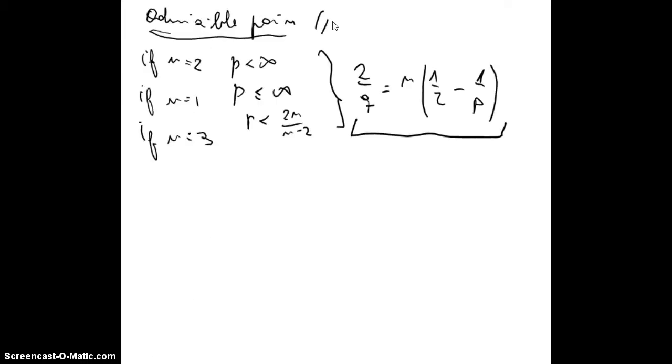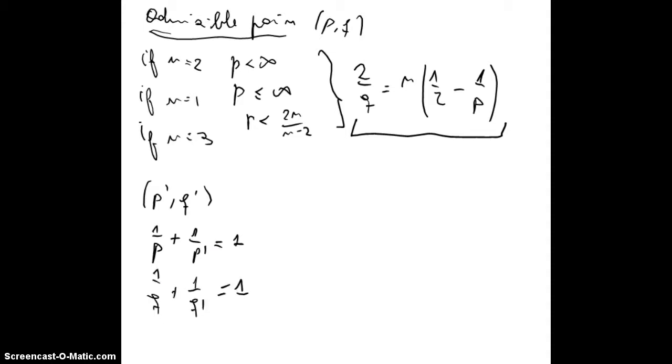Okay, so if (p,q) is an admissible pair, then we will say the dual admissible pair will be the one where 1 over p plus 1 over p' is equal to 1, and 1 over q plus 1 over q' is equal to 1.